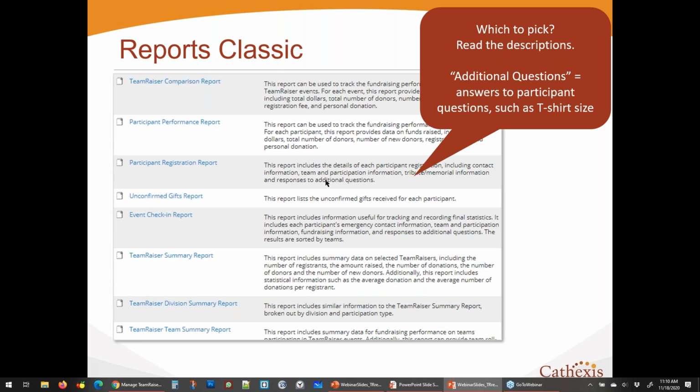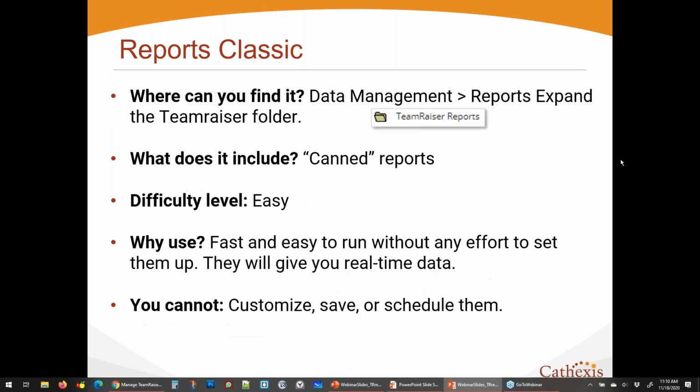And you see that in a few of these. Whenever they say responses to additional questions, that's the jargon that refers to those questions that you're asking in certain participation types when they register. So let's talk about that some more.